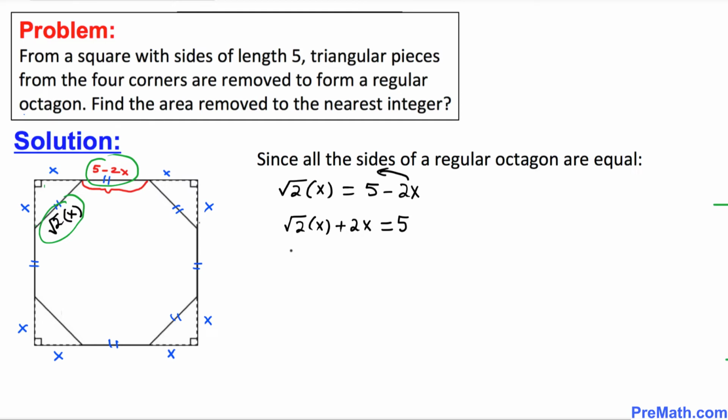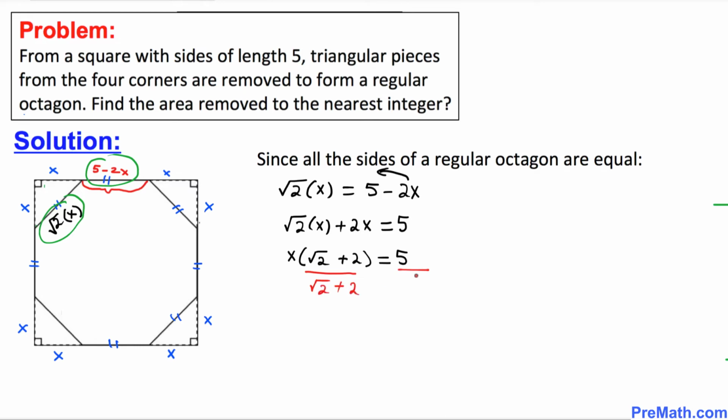I can put down x times square root of 2 plus 2 equals 5. I want to isolate x, so I can divide both sides by square root of 2 plus 2.